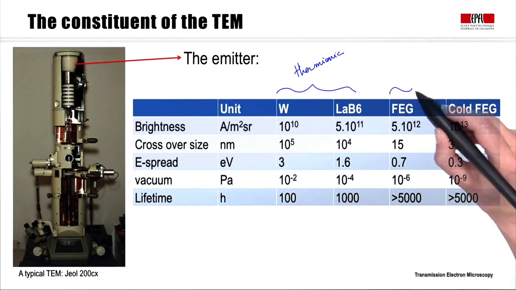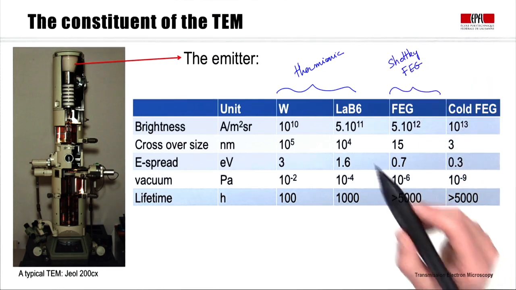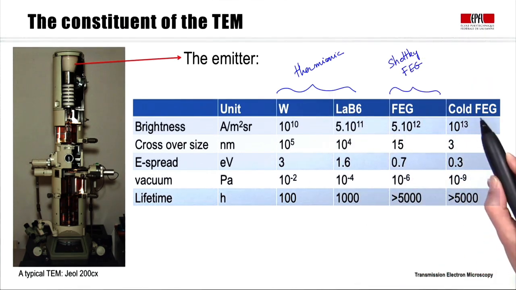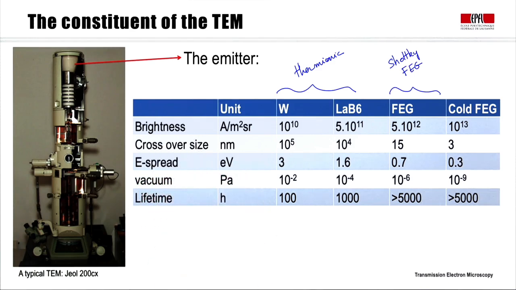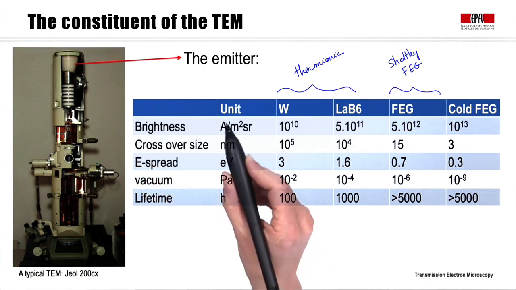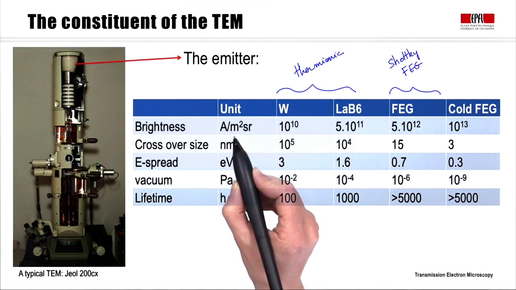The electrons are emitted thanks to a high electric field applied to the emitter. And in the middle we have the so-called Schottky FEG, which is a compromise between thermionic emitter and cold FEG, where the electrons are emitted by field emission assisted with the heating of the filament.